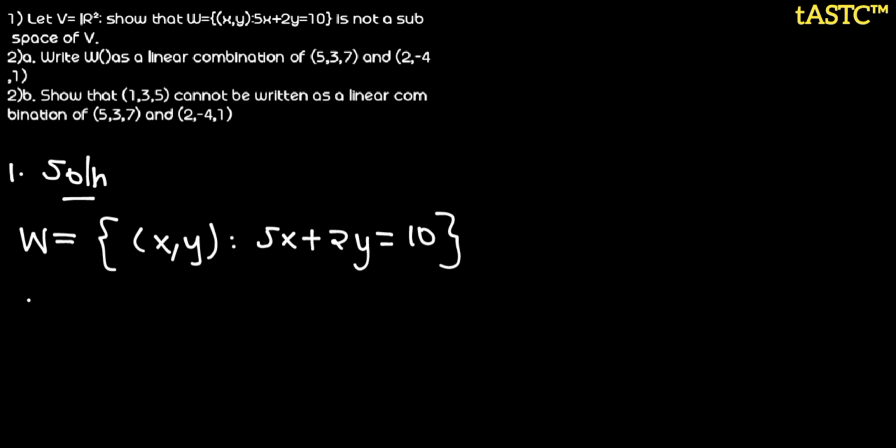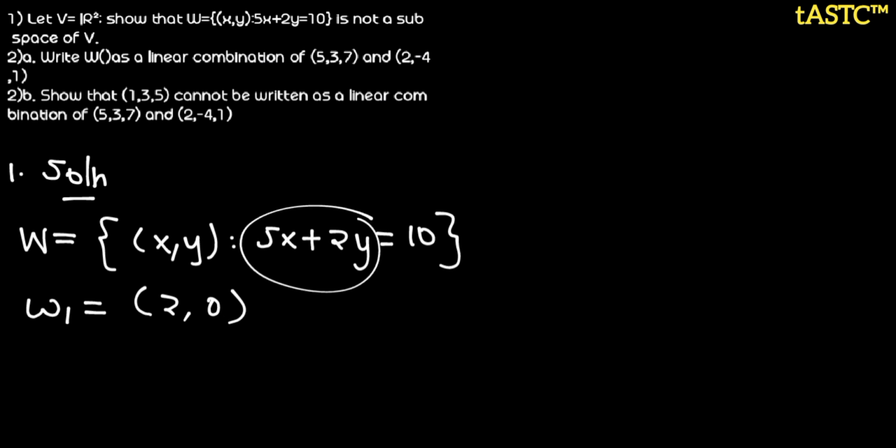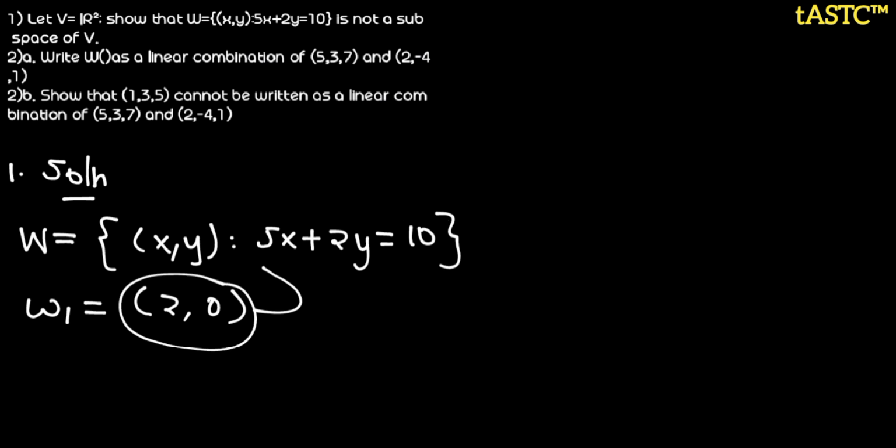So let us say we have one vector, 2 comma 0. If I took these numbers and operated them with this definition, and that gives me a 10, then we're going to say that this vector exists under this set.